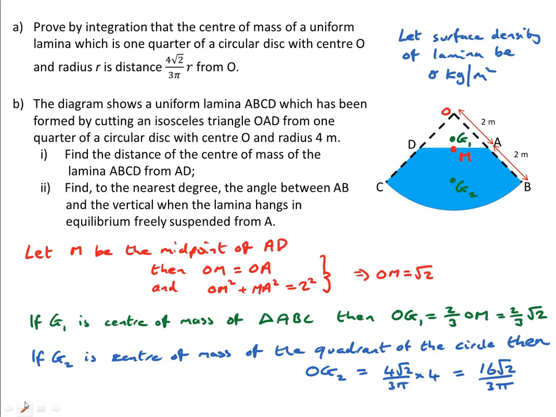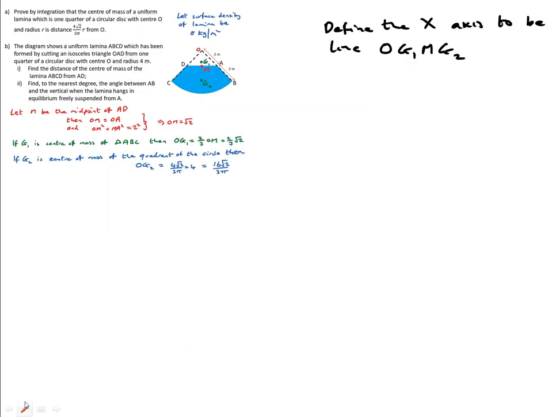And from those two results we can set up now a process to find the centre of mass of the blue lamina. So we'll set up the x-axis to be the line joining O, G1, M and G2, in other words the axis of symmetry of our shape.